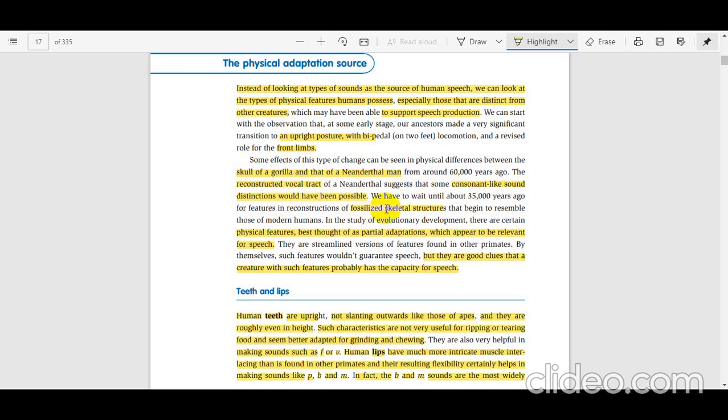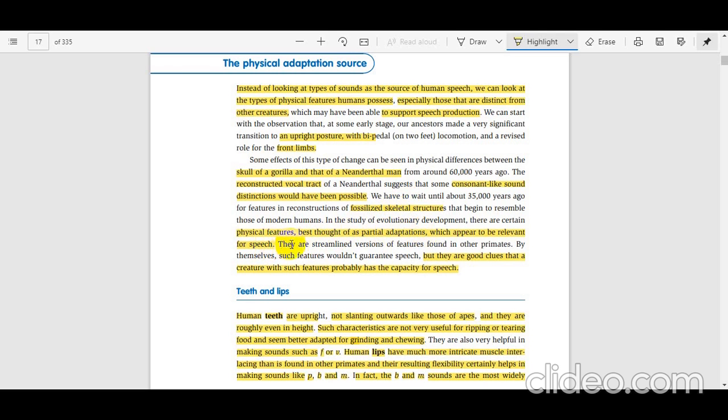Even the fossilized skeleton of a normal human being, evolved to be as the ones that we are now, is also different from the one that the apes had. These physical features are based on partial adaptations which appear to be relevant for speech. Okay? This is not my claim, actually. This is the claim of those who put this source as one of the assumptions of the origins of speech.